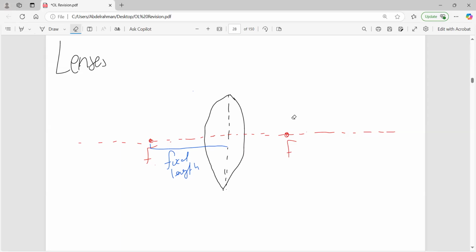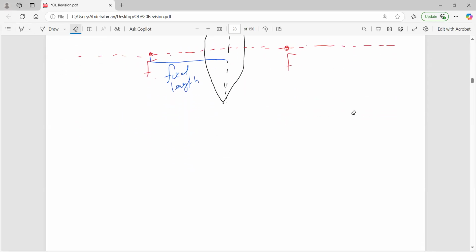Due to the curvature of this convex lens, it bends in a certain way, and all of the light, which was initially parallel, will be focused and refracted to pass through one single point, which is the focal point or the principal focus.